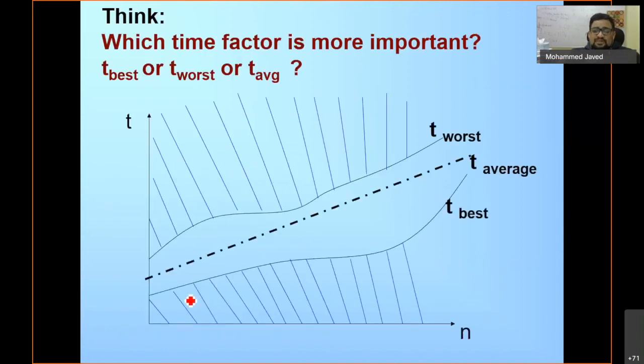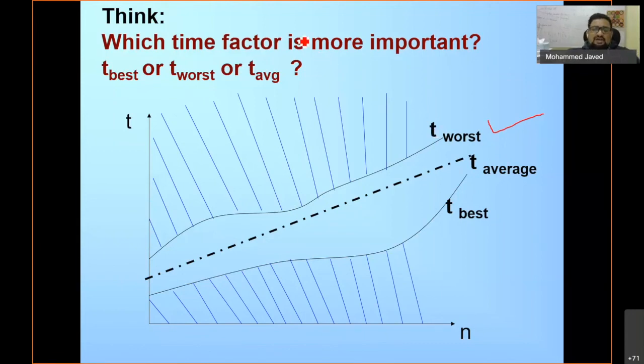Looking at this graph, with the worst case running time, the best case running time, and the average case, the most important is the worst case. So usually if we design any algorithm, we calculate the worst case time complexity of the algorithm.